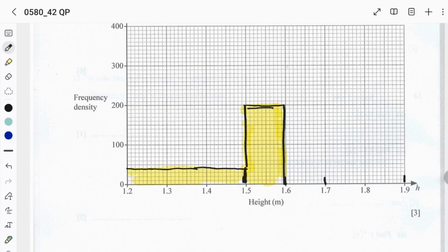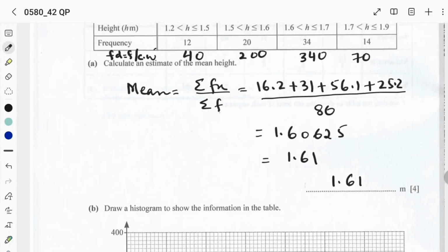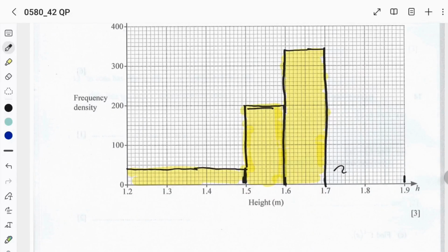So 300 is up till here, then 4 more points: 1, 2, 3, 4. 340. I'm not using the ruler, but please use one and make it a neat and tidy diagram. Okay, all right. Now the next one goes up to 70. So 5, 6, 7. This is the complete histogram.